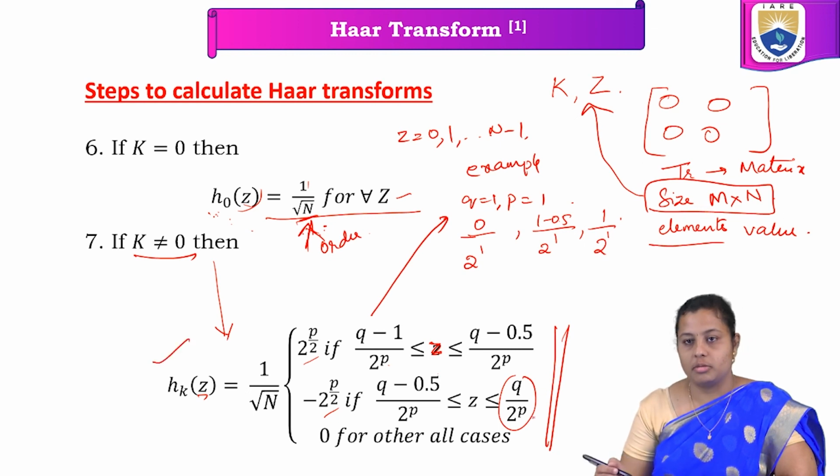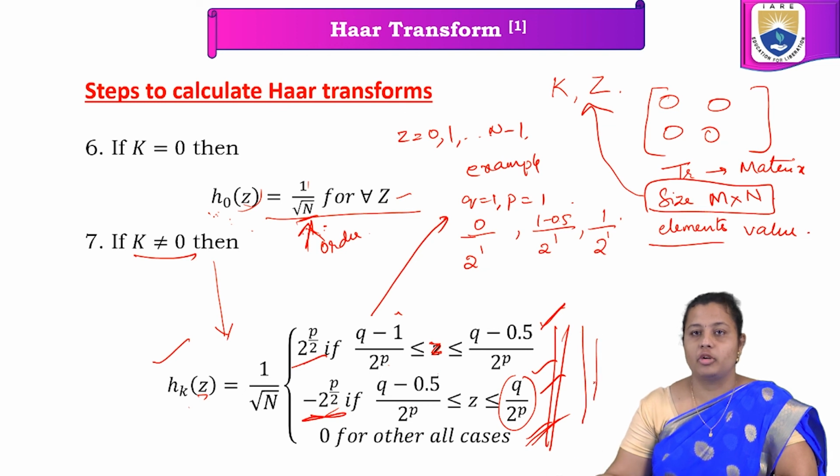So this equation should be remembered, and we have to calculate for each combination of K, P, Q values, checking all the values of Z, in which range Z is falling, the first range, the second range, or no range. If it is falling in the first range, it is given by 2 power P by 2. If it is falling in the second range, I calculate my coefficient value as minus 2 power P by 2, right? So this formula and the steps for the Haar transformation technique are very important.